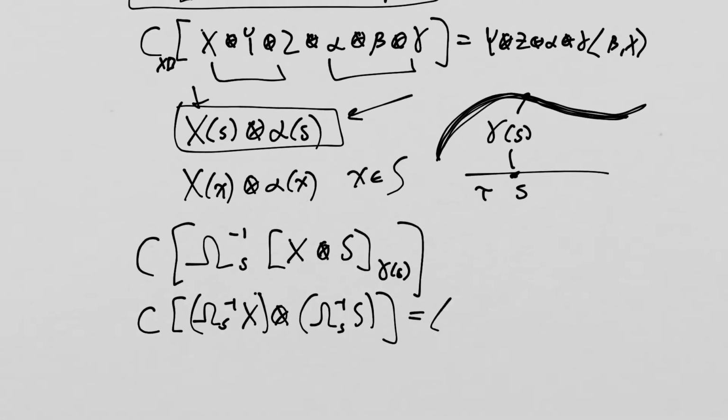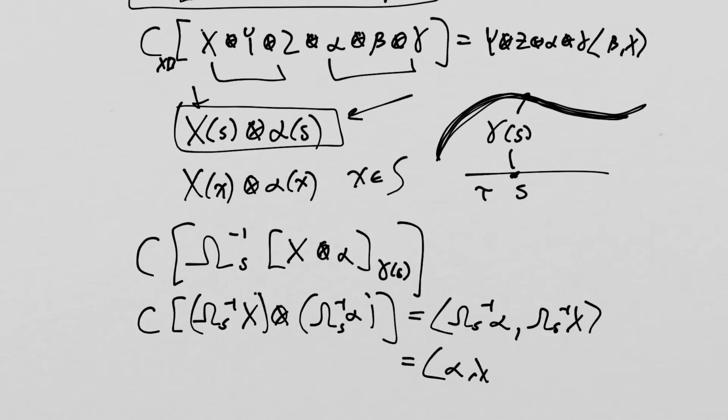So this thing equals omega s inverse alpha, which is the covector, acting on omega s inverse x, and that's simply a number. But we know by our other rule that the dual space mapping of parallel propagated vectors and covectors is unchanged. So we know that that equals alpha x, right?